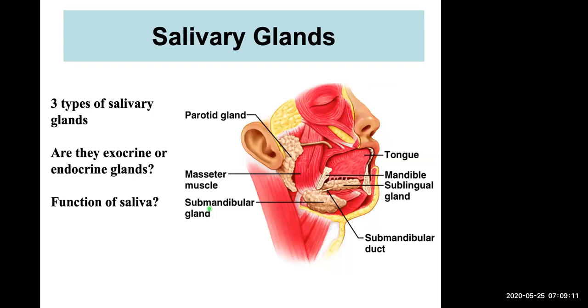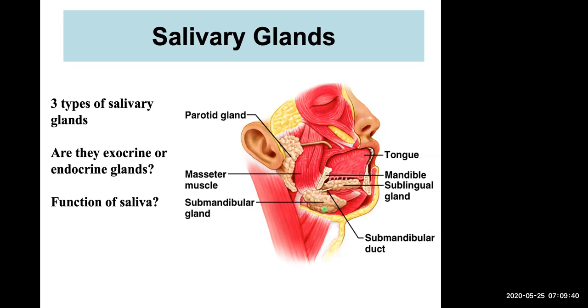All right, salivary glands. We have 3 types of salivary glands. These are also accessory structures that help with digestion. The first one is the parotid salivary gland, and the next one is under the tongue, so we call it the sublingual salivary gland, and then under the mandible, the submandibular salivary gland.